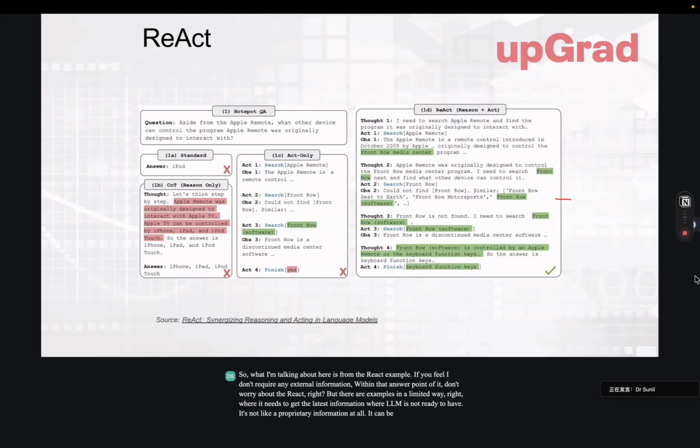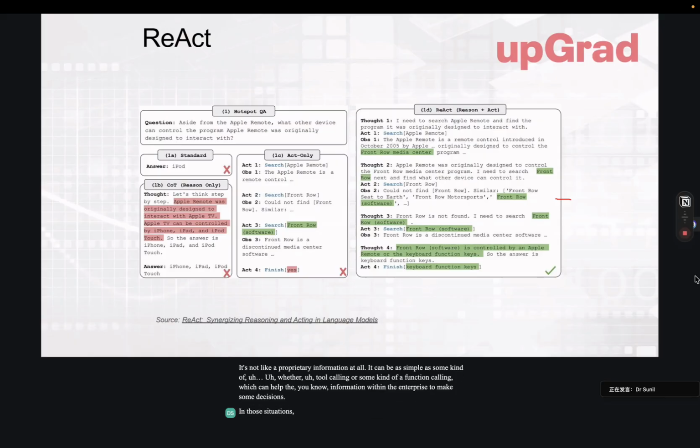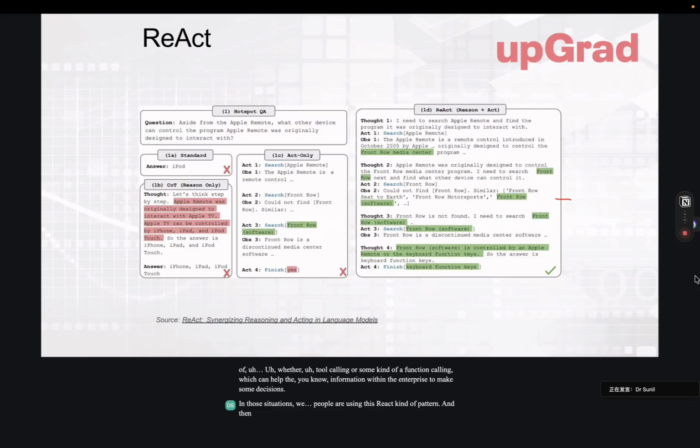It can be as simple as some kind of weather tool calling or function calling, which can help use information within the enterprise to make some decisions. In those situations, people are using this ReAct kind of pattern. And I have already talked about chain of thought and few shots. Let me take a pause and see if you have any specific questions.